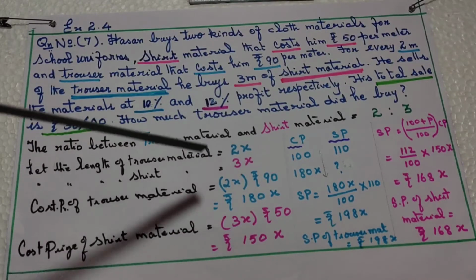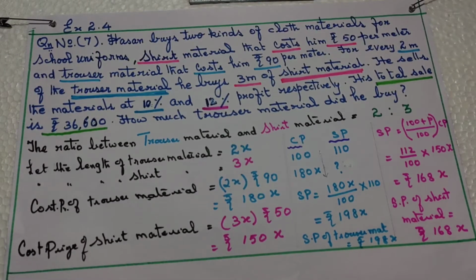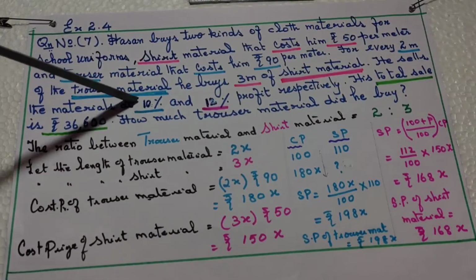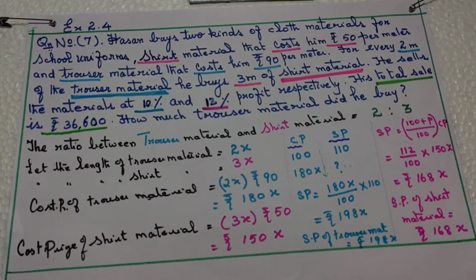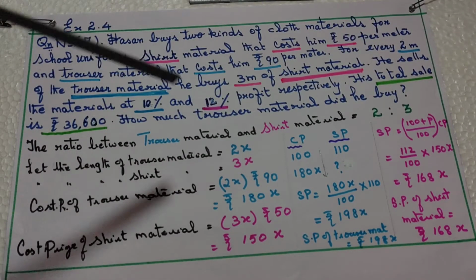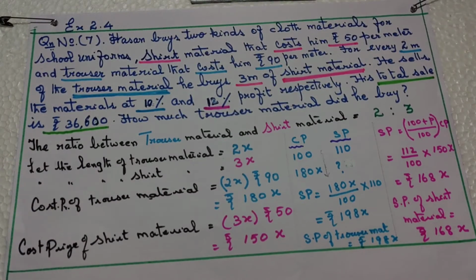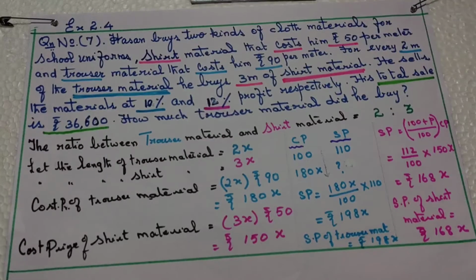Now, using these two, we should find the selling price. Why? He sells at a profit of 10% and 12% respectively. What do you mean by respectively? Whatever the order you took in the previous step or the ratio, this 10%, 12% holds good for that.